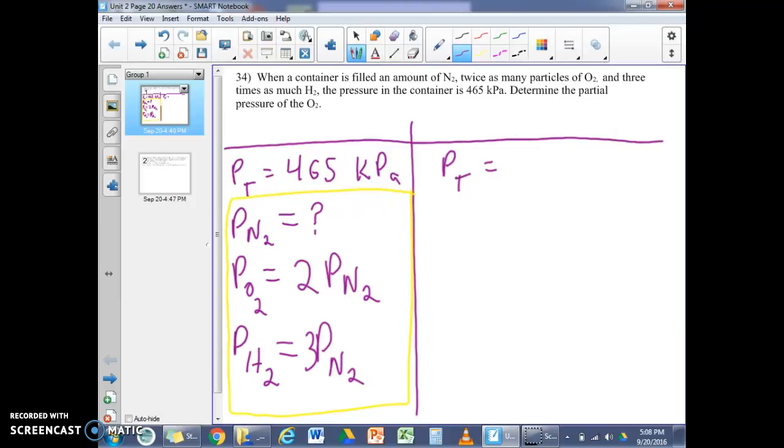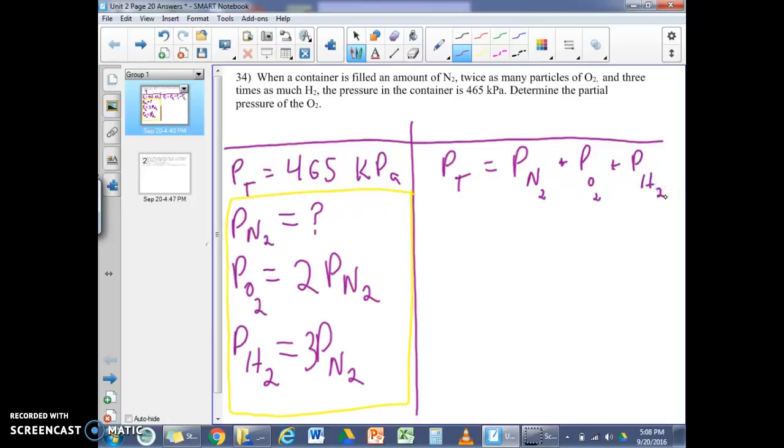So it's generically written as PT equals P1 plus P2 plus P3. But instead of using ones and twos, let's make that specific here. In this case, we've got nitrogen that's in the container, we've got oxygen that's in the container, and we've got hydrogen that's in the container.